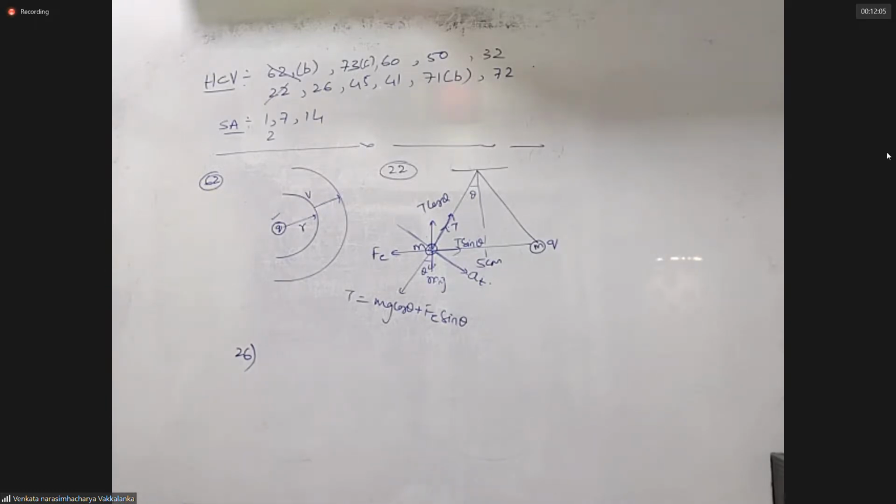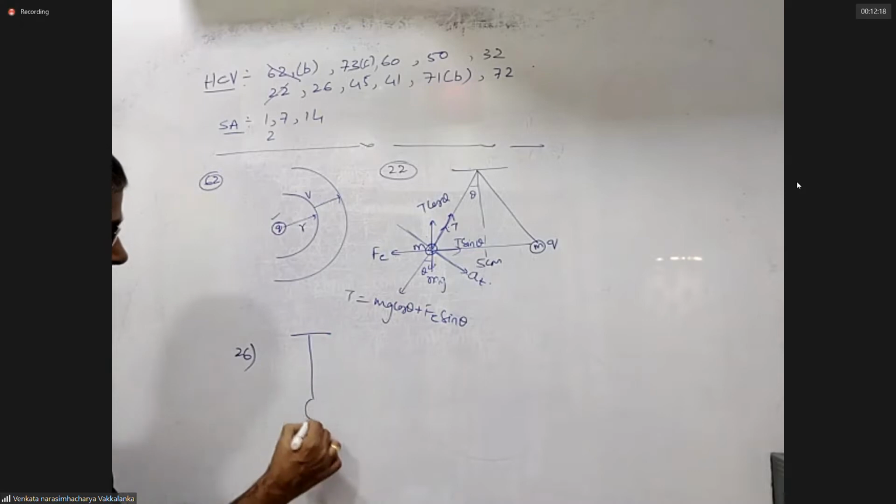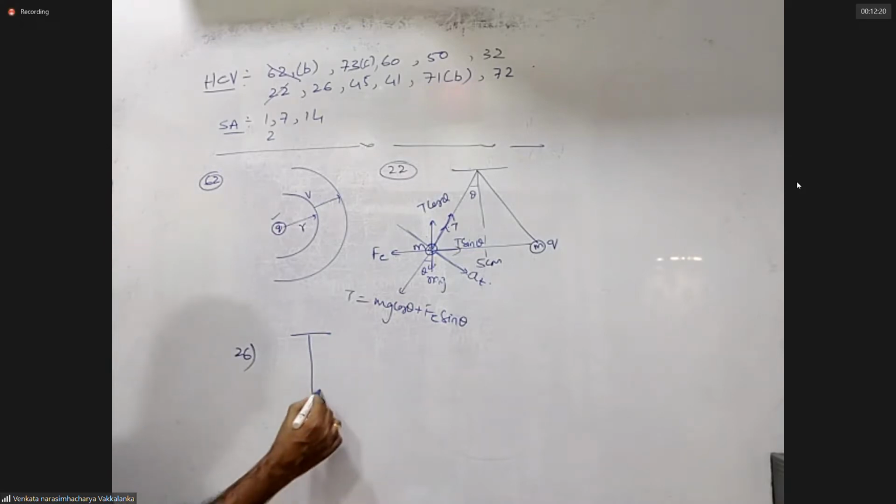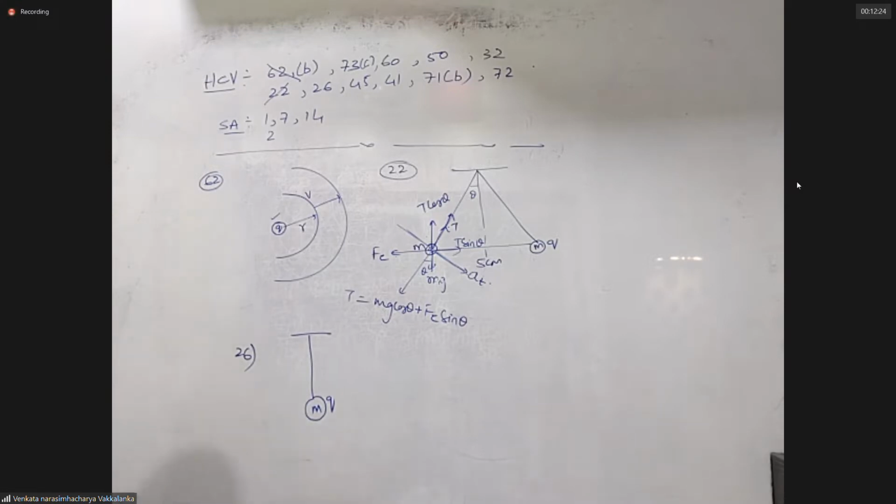A particle having a charge is placed directly below and at a separation of 10 centimeters from the bob of a simple pendulum. What charge should the bob be given so that the string becomes loose? Some charge is given, and what charge is kept? Question 26: what charge should be given so that the string becomes loose?